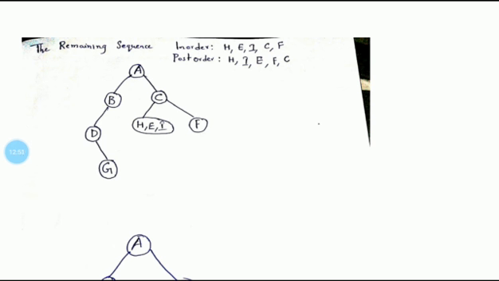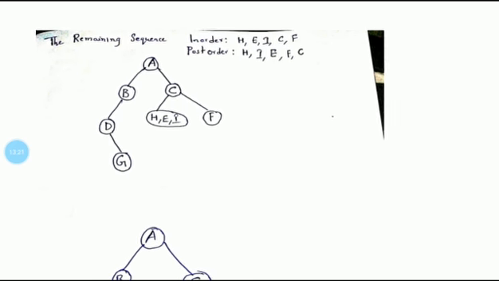And in these five elements, which becomes the root node is obtained by observing the post order sequence. So in the post order sequence, C appears last, so C becomes the root node. And to the left of C and to the right of C, this information is obtained by observing the in order sequence. So to the left of C, HEI is there, and to the right of C, F is there.